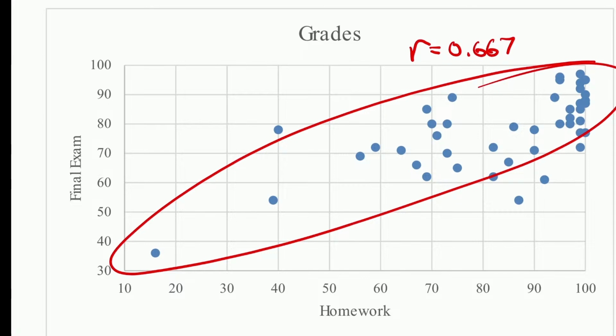In general, if you do poorly on the homework, you're going to do poorly on the final exam. If you do like 40% of the homework, like this person, you're not going to do that great, I guess. Here's someone that did 40% and actually passed the final, but they were kind of an anomaly. Most people will get about the same grade on the final as they do on their homework.